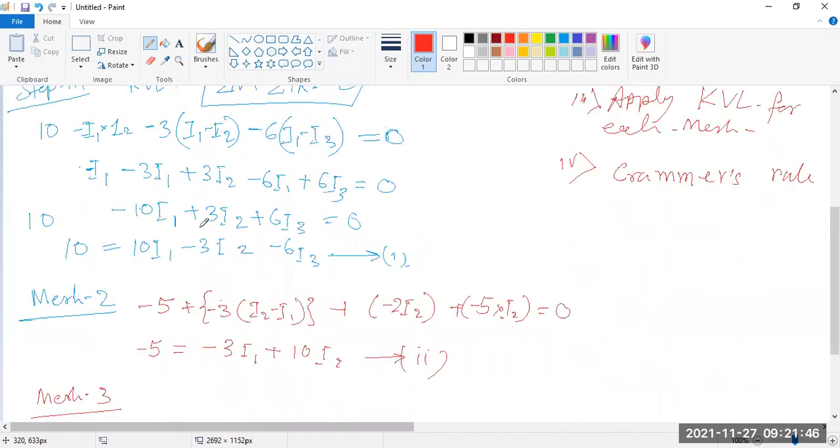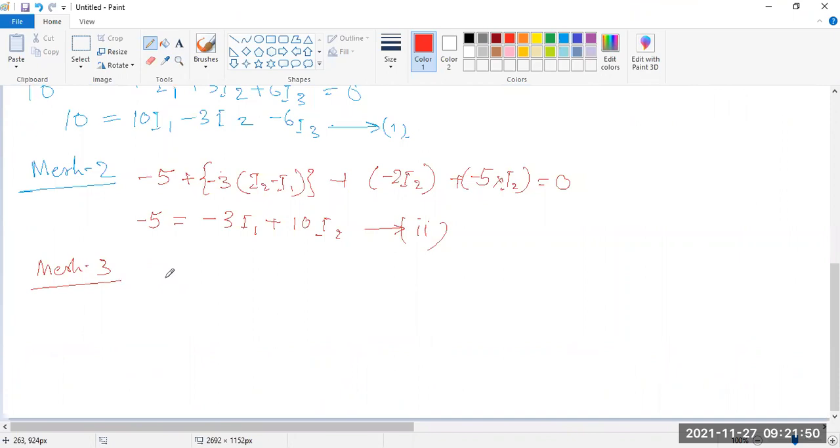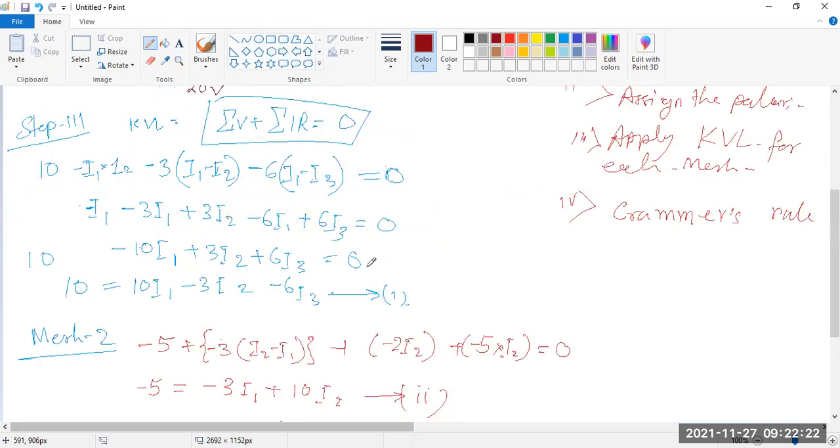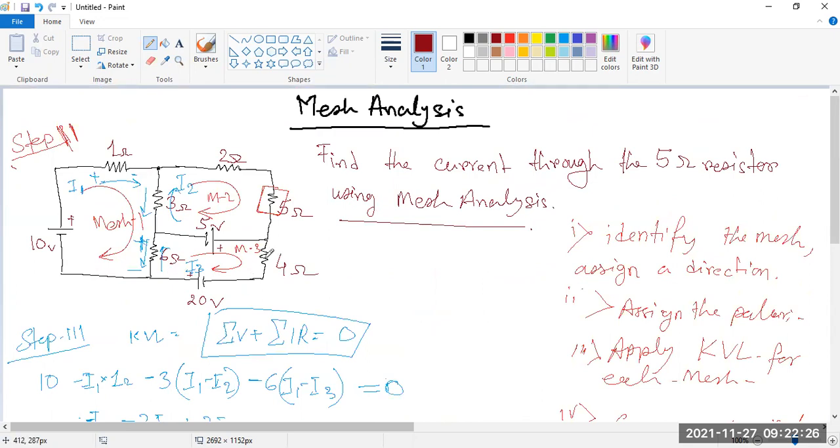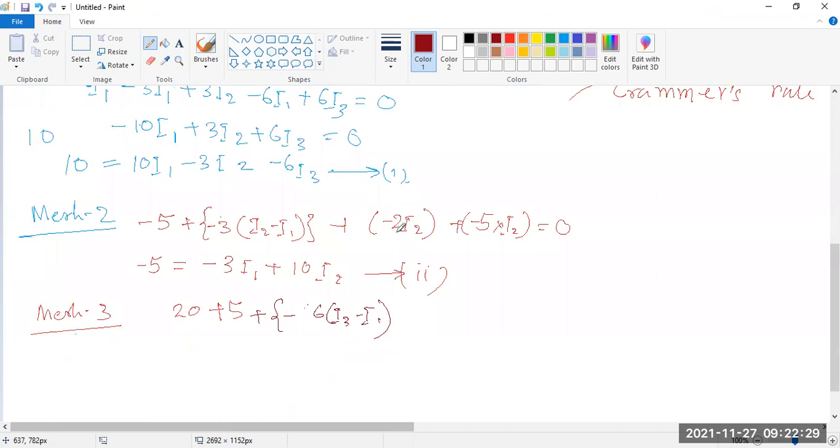Okay, so for mesh 3 it will be 20 volt plus 5 volt, plus minus 6 of I3 minus I1, and here another current is flowing through the 4 ohm resistor, that is minus 4I3, equal to 0.